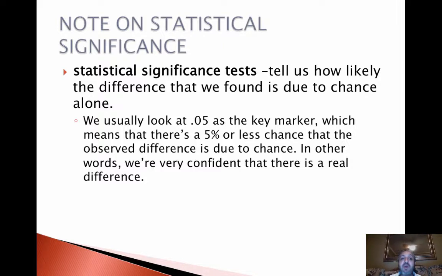These results, we would say in the research paper, the differences that were found were statistically significant. There were statistically significant differences between those who played the game and those who played the other game or didn't play a game or whatever. Okay? 0.001, that's what? 1 out of 10,000, right? If my math is correct, right?